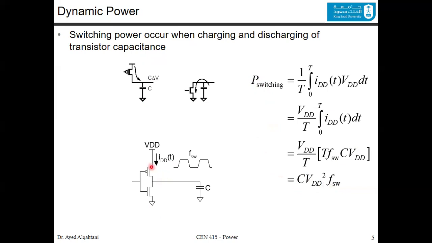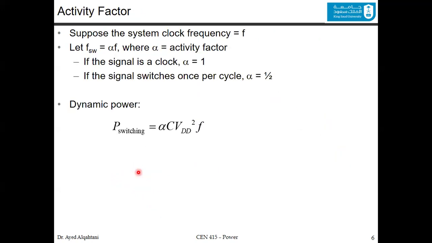Now, for any gate, the switching frequency won't be constant. Sometimes the switching is fast, sometimes it's slow, based on the circuit itself, based on its input. So we will have what we call the activity factor.